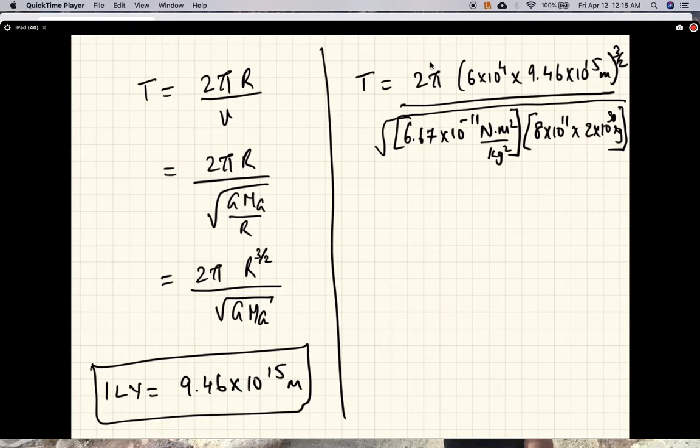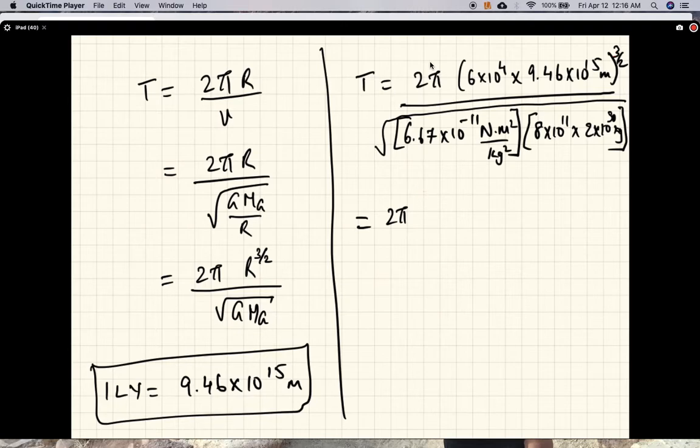Alright, this is messy, so let's calculate this. Let's take care of the powers of 10. So this is 2 pi, 10 to the 4 and 10 to the 15 make 10 to the 19, we'll keep 10 to the 18 of that and spend a 10 there, so 60 times that. 10 to the 18, half of that is 9, and 9 times 3 is 27.